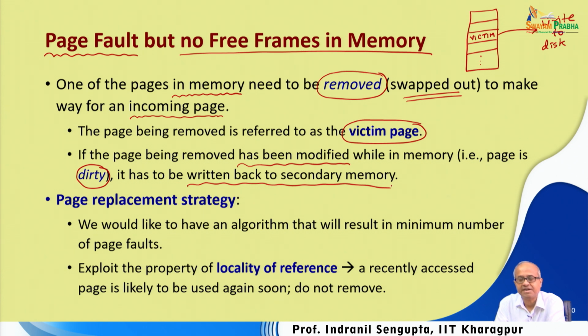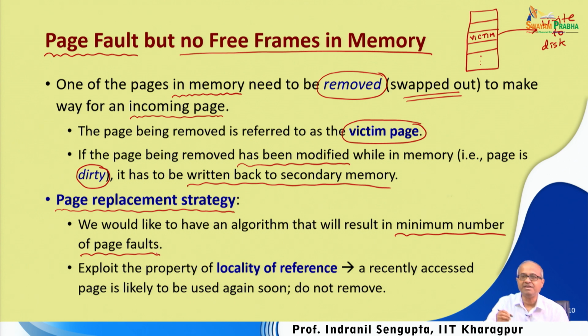Now, this selection of victim page, possibly writing it back to memory during removal, results in something called page replacement strategy. So, what is the strategy we need to follow to select the victim page and to remove it from the memory? So, generally speaking, we would like the operating system to select the victim page in such a way that there will be minimum number of page faults.